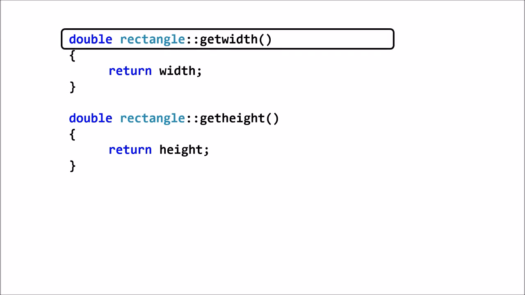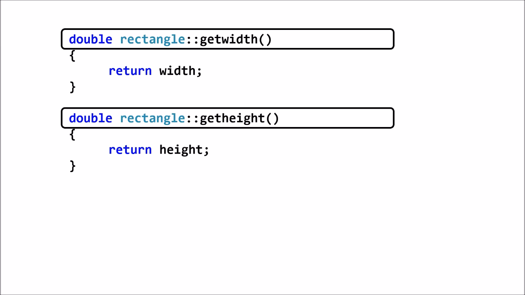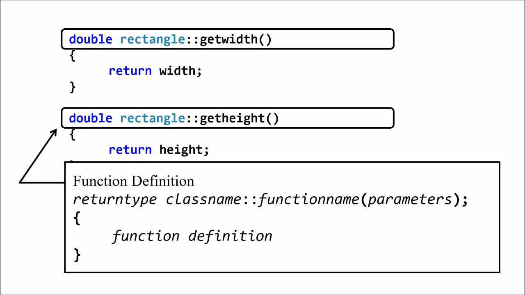They both start with definitions using the same form. For the two accessors, they start with the return type. In this case, I want to return a type double number from each of these functions, and that's followed by the class name. The class name is rectangle. Then the double colon operator, followed by the function name.